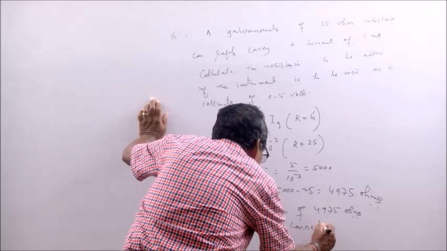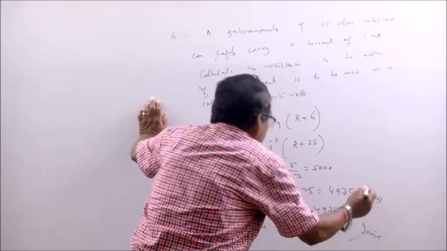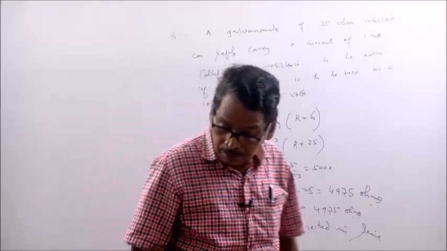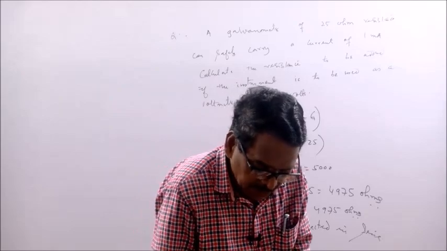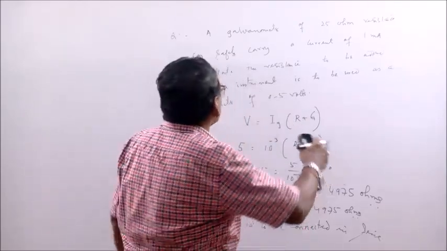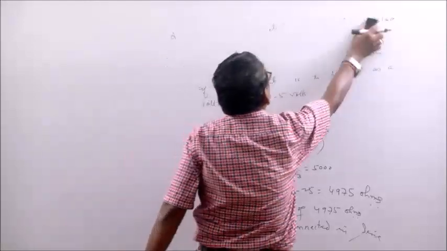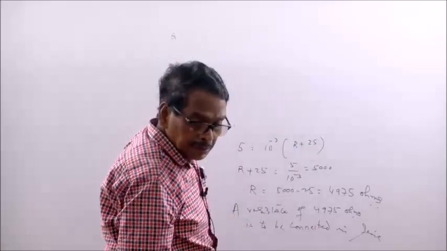That is important, connected in series. So this is a type of question which comes from the galvanometer. Similarly, we can also discuss other problems. This is one problem. I am giving you another important problem.